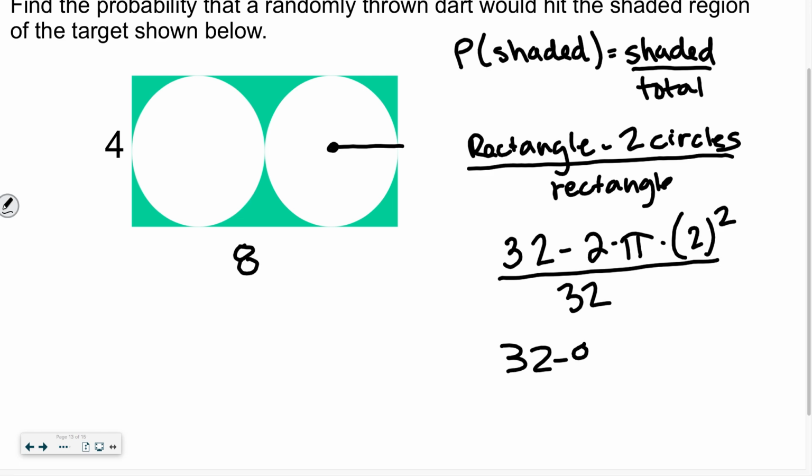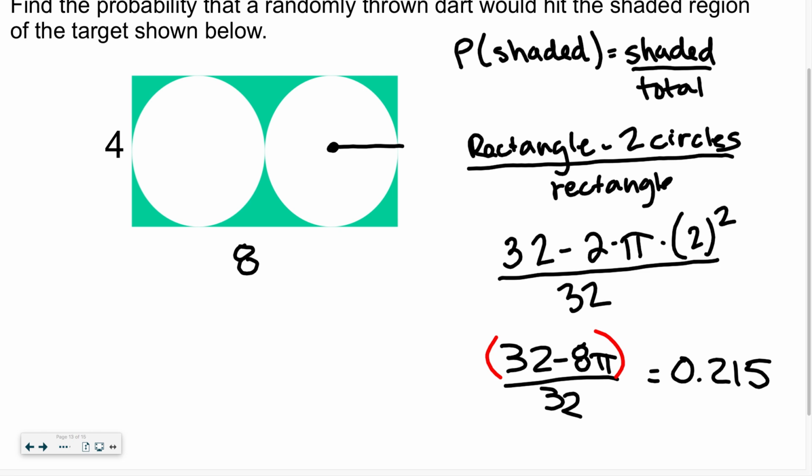That's 32 minus 8 pi all over 32. And I would guess a lot of people on this one would go ahead and do that as a decimal. If you're going to do it in your calculator, you're going to need a set of parentheses, or you're going to need to do it separately. I think it comes out to 0.215. Okay.